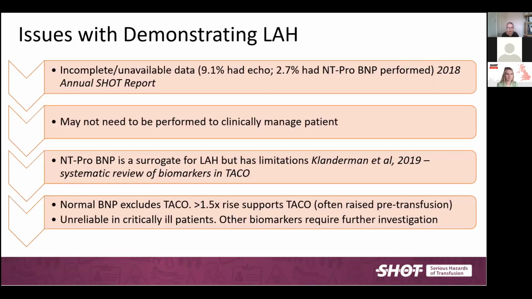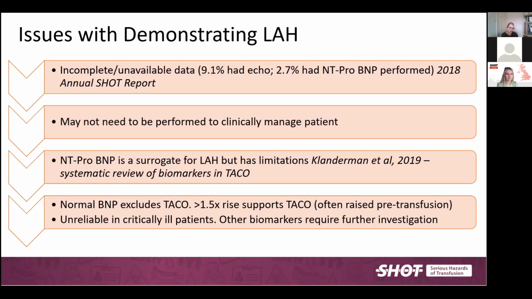So those patients that have circulatory overload have left atrial hypertension, LAH. And demonstrating this is not without its challenges, and it's not helped by incomplete and unavailable data. When we looked back in the 2018 SHOT report, it was noted that 9.1% of patients had had an echo, and only 2.7% of patients had had a BNP level done.